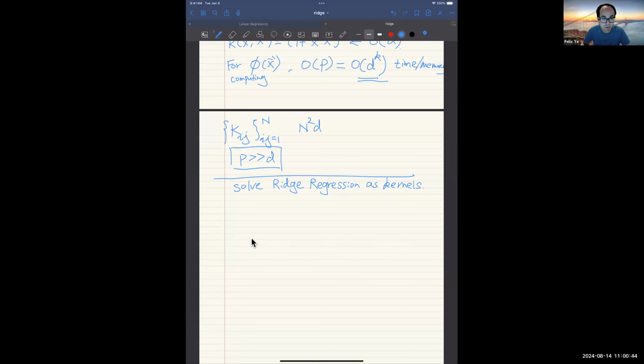So I want to remind you, in ridge regression, we are trying to solve the following thing.